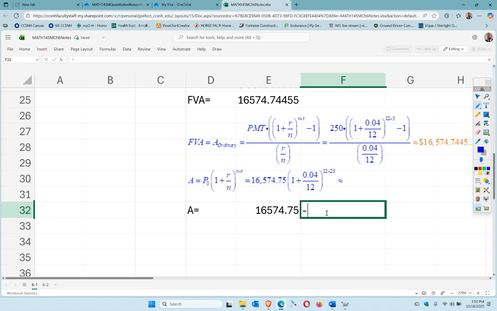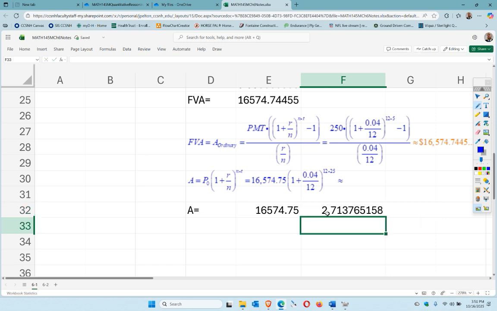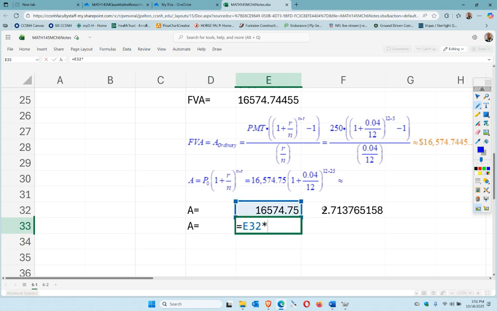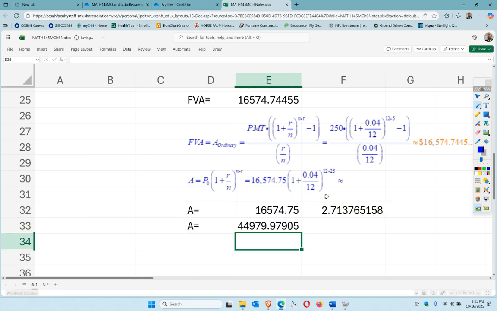And then this box over here is the 1 plus 0.04 divided by 12, to the power of 12 times 25. I think we're good there. So all I have to do is multiply those. So A equals this times this, to get the two parts together. And there is the amount I'm going to have.